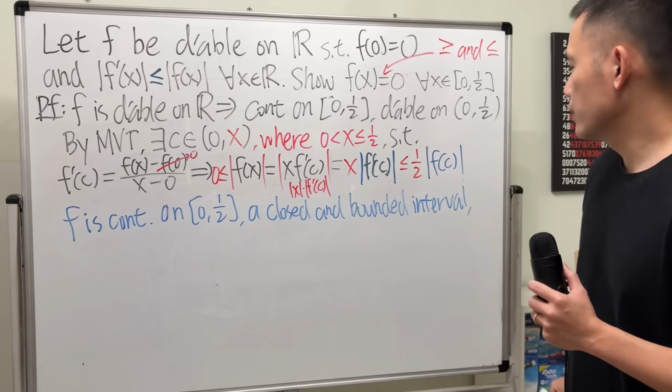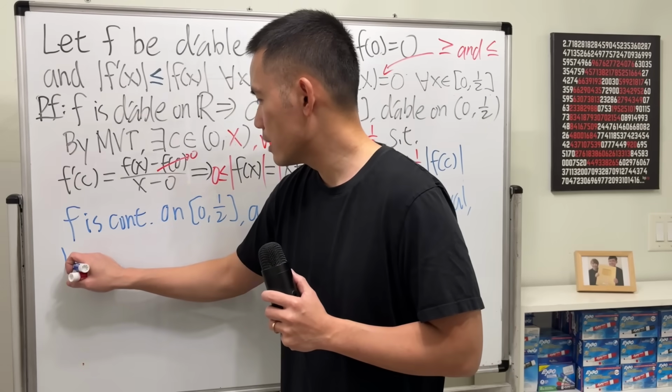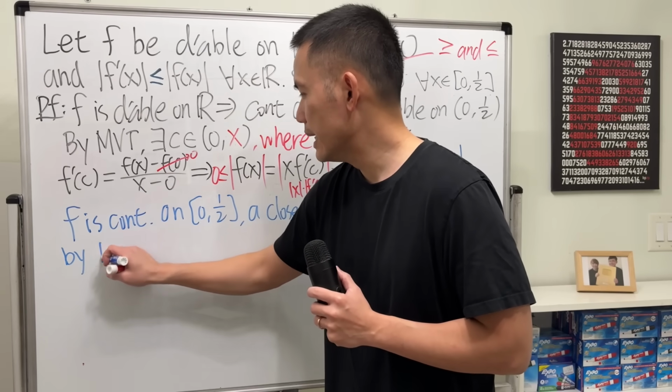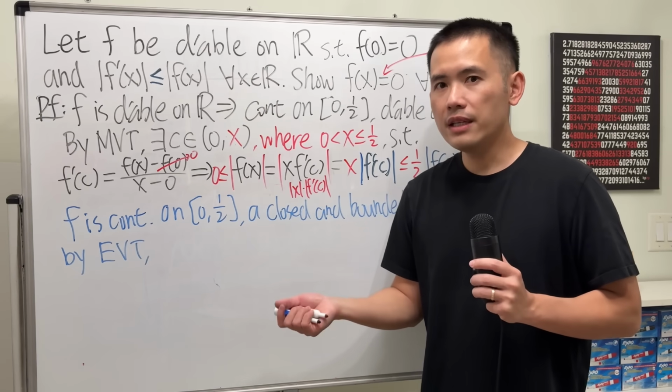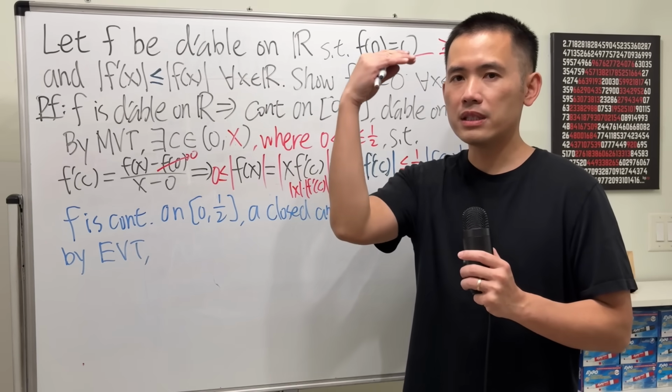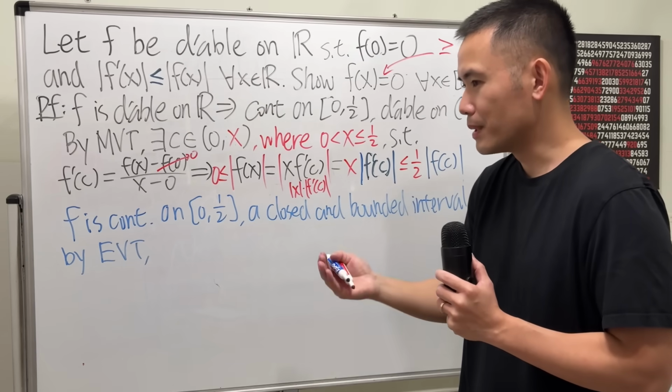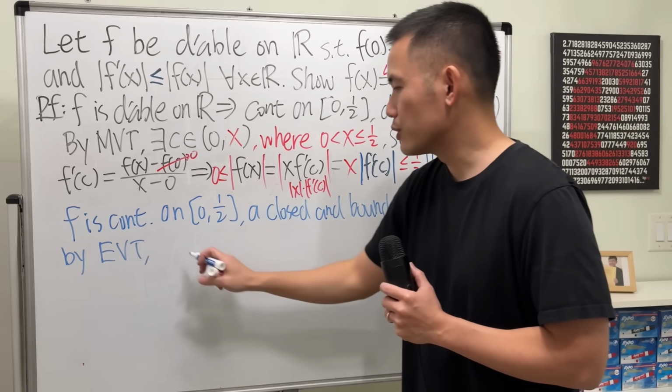So with that, we can say by the extreme value theorem, as we said earlier, the function is bounded above and also bounded below. I can just write this down right here.